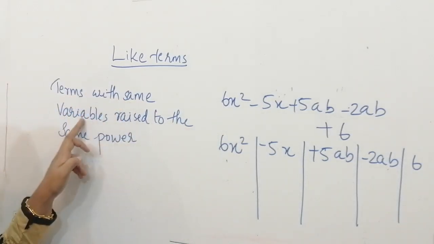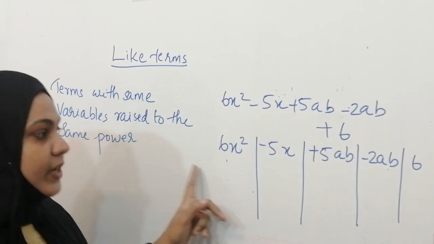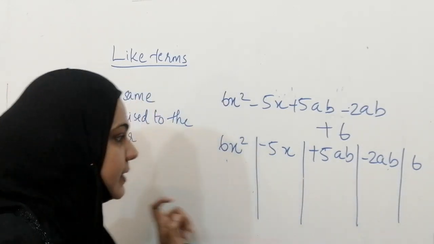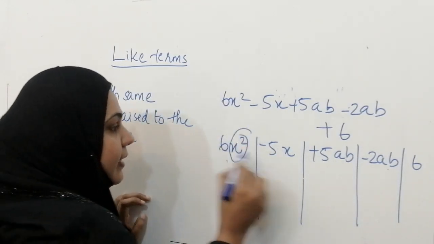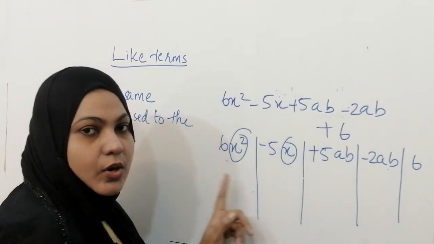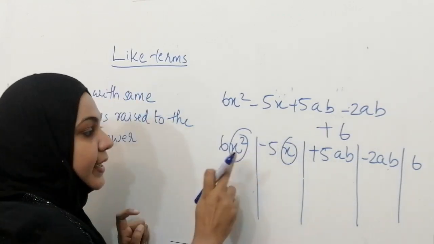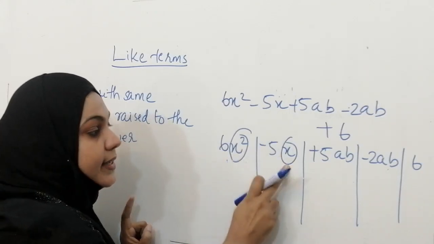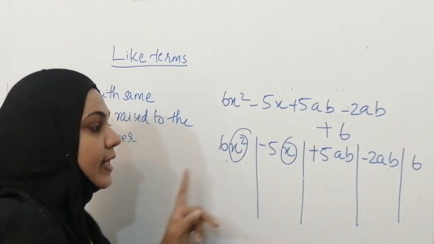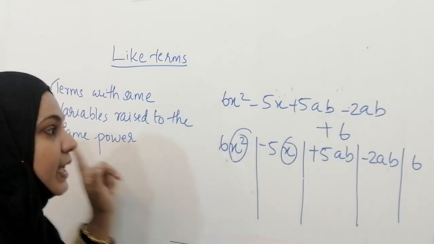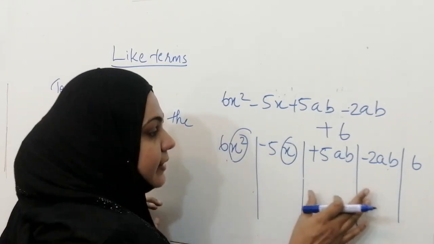Terms with same variables. So here which term represents same variables? Here you can see this is x square and second one is x. So this is not same variable because here the power is different. Here x raised to the power of 2, here x raised to the power of 1. So we can't take these two as similar variables. So let's check this one.